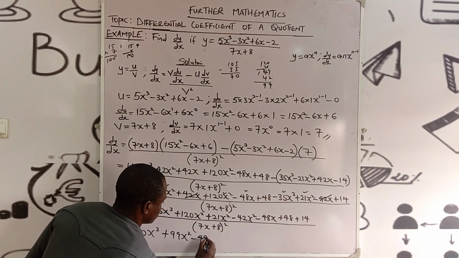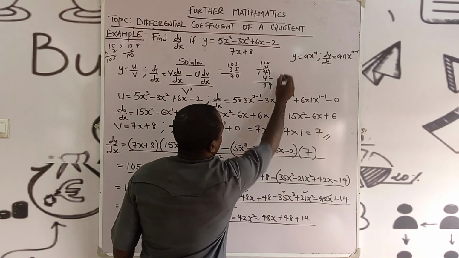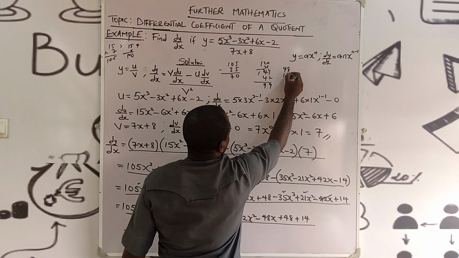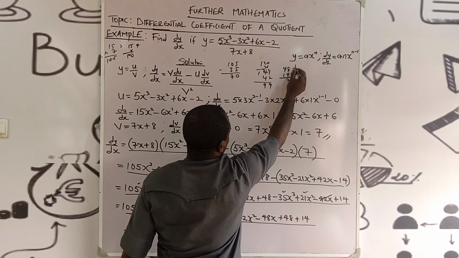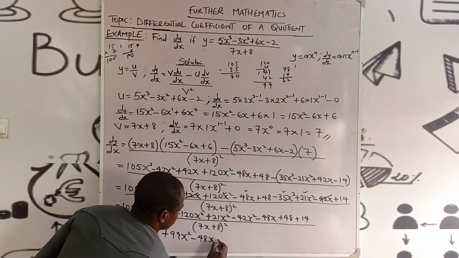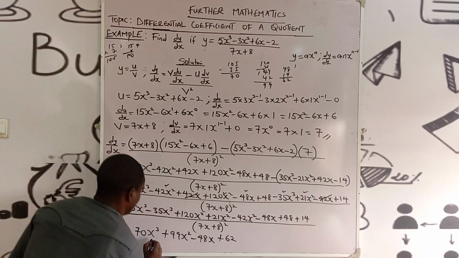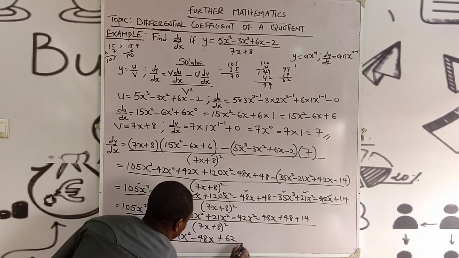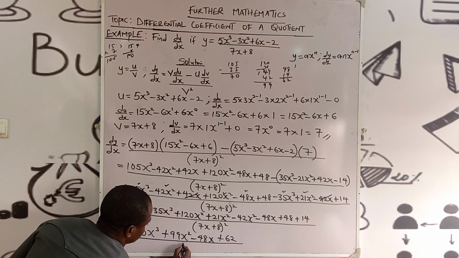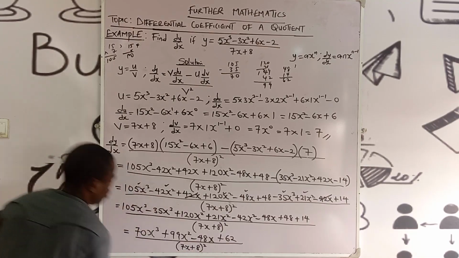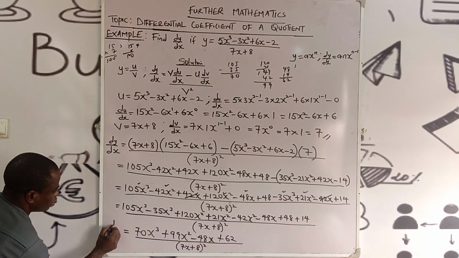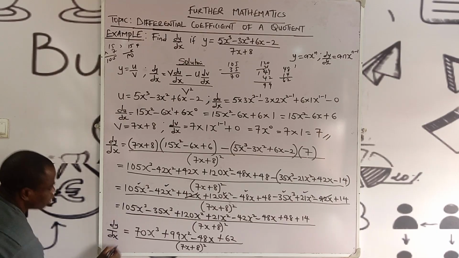Minus 48x. 48 plus 14: 8 plus 4, that's 12, 4 plus 1, 5 plus 1, 6, that's plus 62, over 7x plus 8 squared. That's our dy over dx.